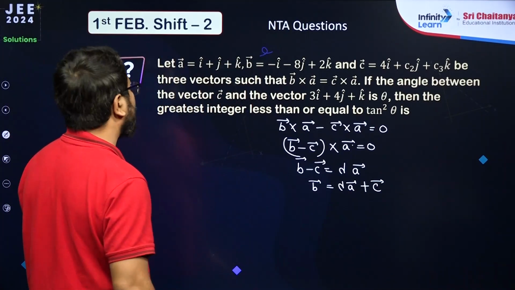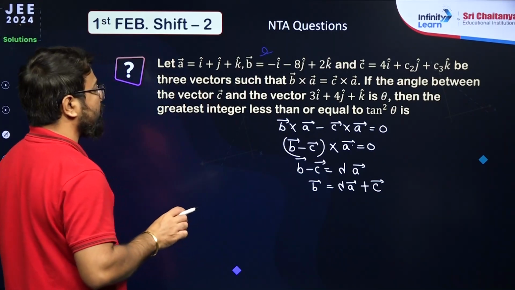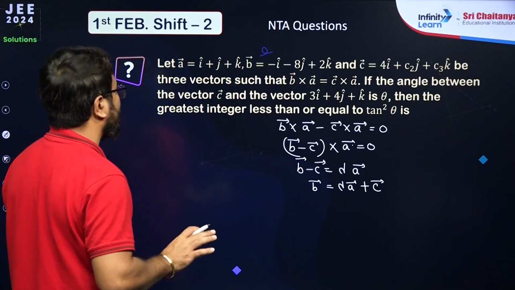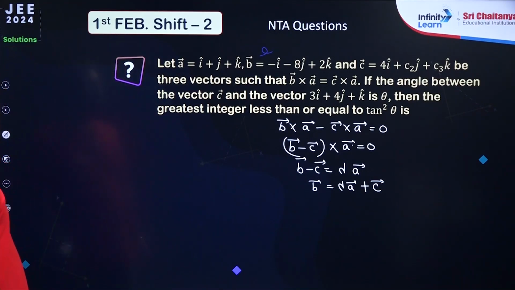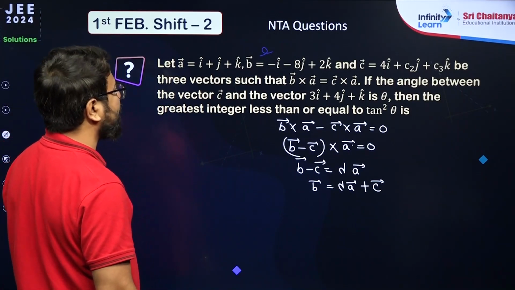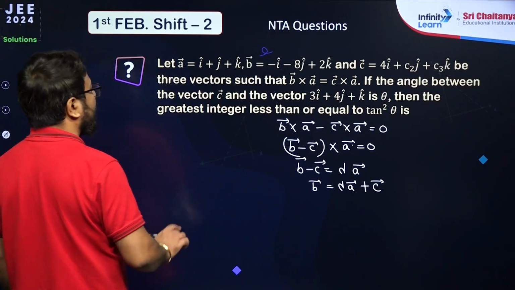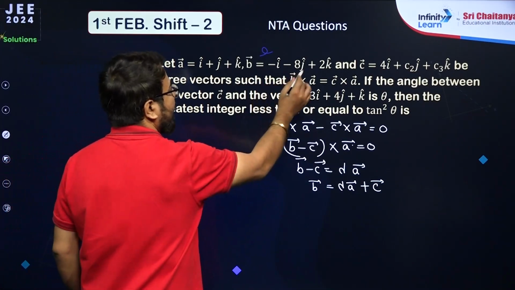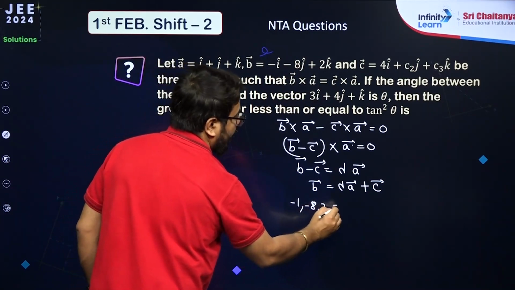Now once we have got the B vector, the angle between C and this is equal to theta, and we are asked for the value of tan square theta. So basically we want this angle. First of all, let us find the value of lambda here. B vector is minus 1, minus 8 and 2.